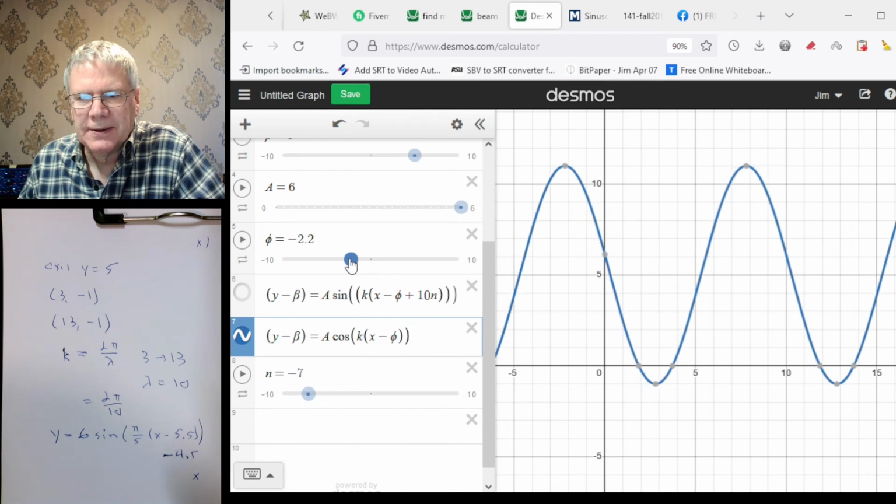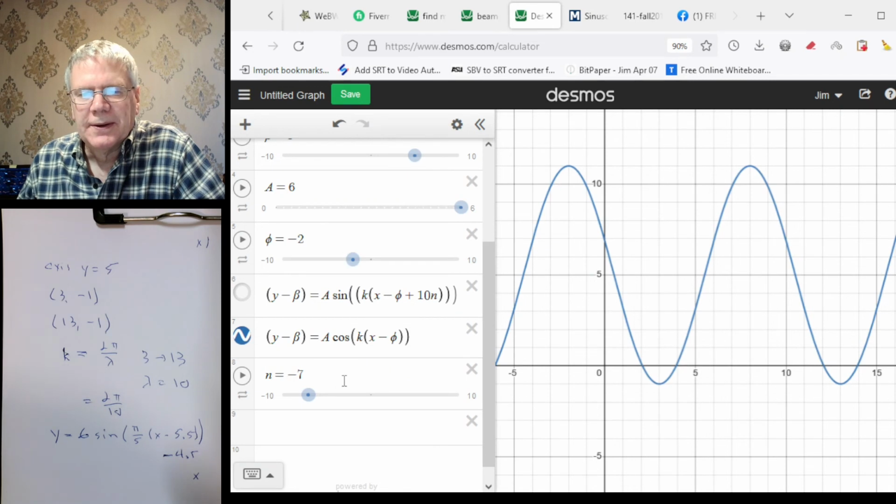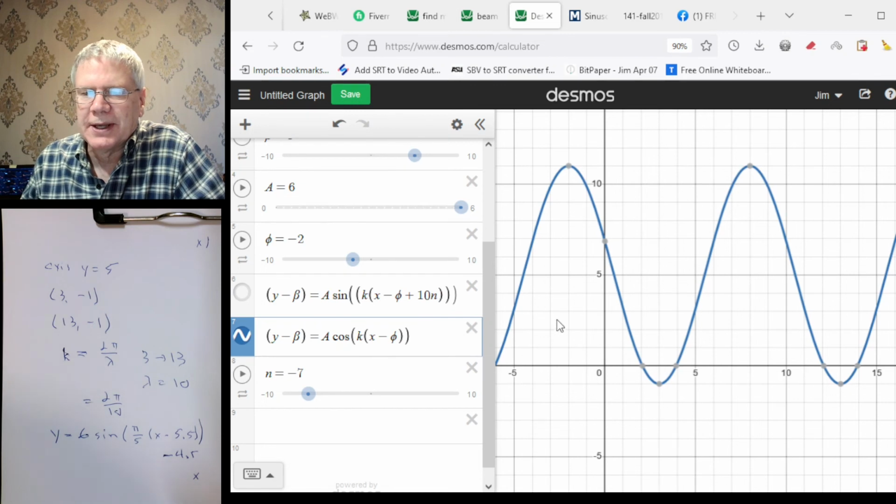I guess I need to subtract 2. So here we have 3 and 13. And of course I can add a 10n to this too. I can shift it by one wavelength either direction, or 2 wavelengths, or however many I want. So there are several answers to this. Actually there are infinitely many answers.